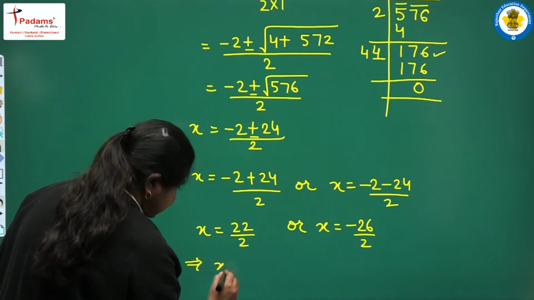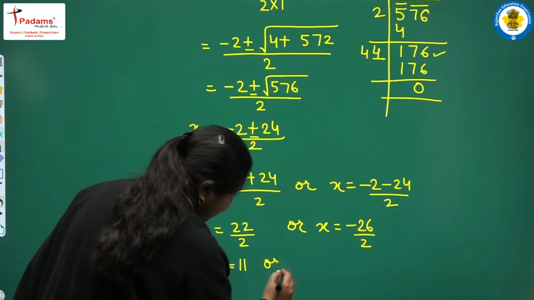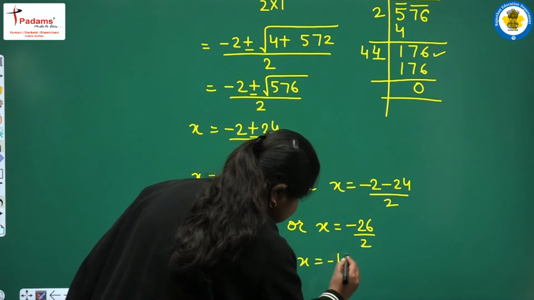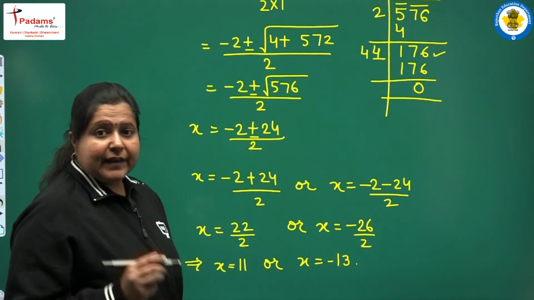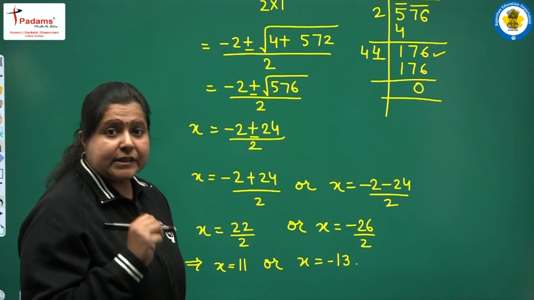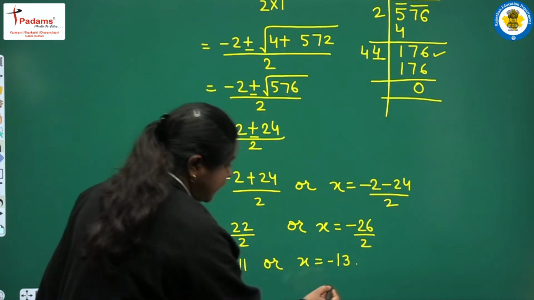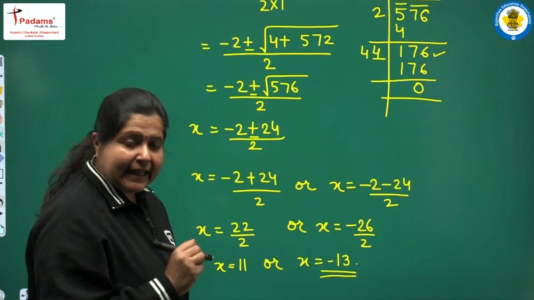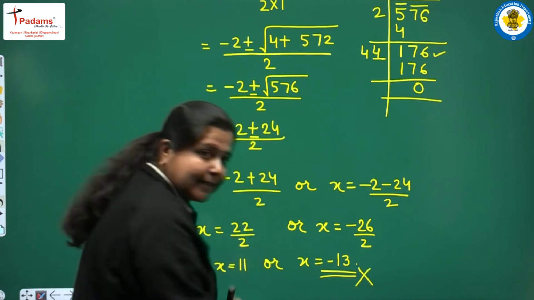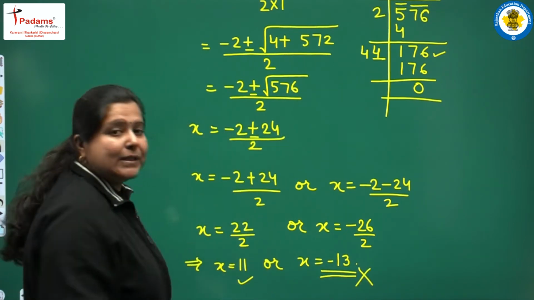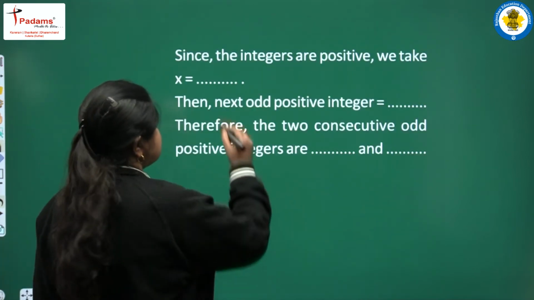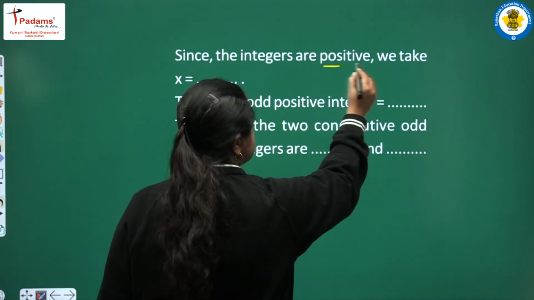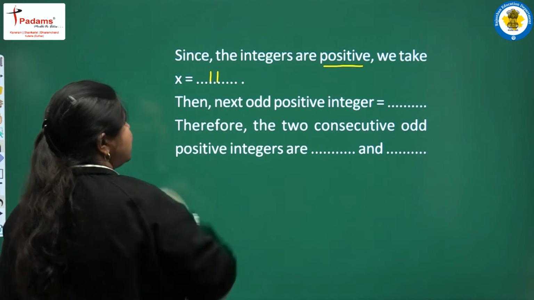This gives us x equal to 11 or x equal to minus 13. But we had taken x to be a positive odd integer. तो अब आप देखेंगे ये तो नेगेटिव वैल्यू है और ये क्वेश्चन के अकॉर्डिंग एक्सेप्टेबल नहीं है, और इसलिए हम इसको डिस्कार्ड कर देंगे और हम लेंगे x equal to 11. So we write here, since the integers are positive, we take x equal to 11.